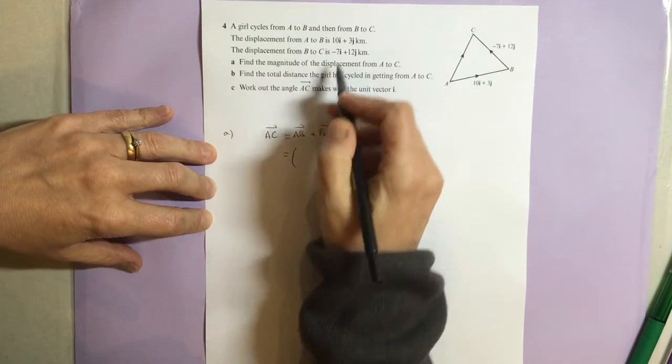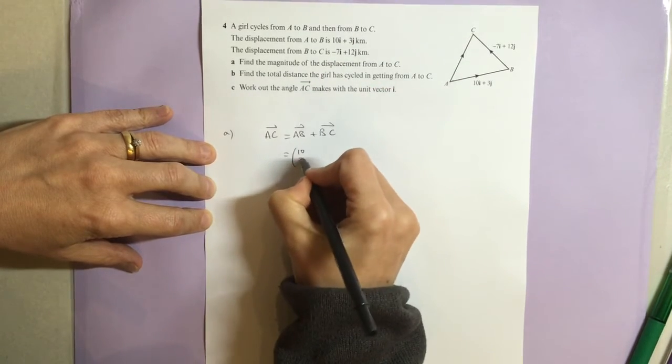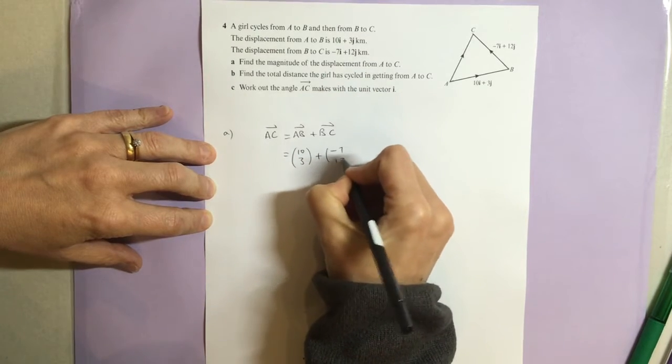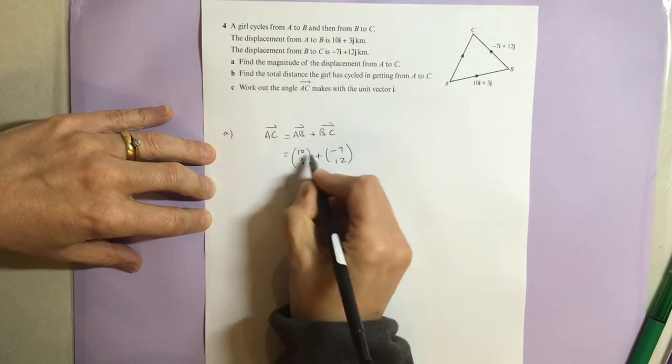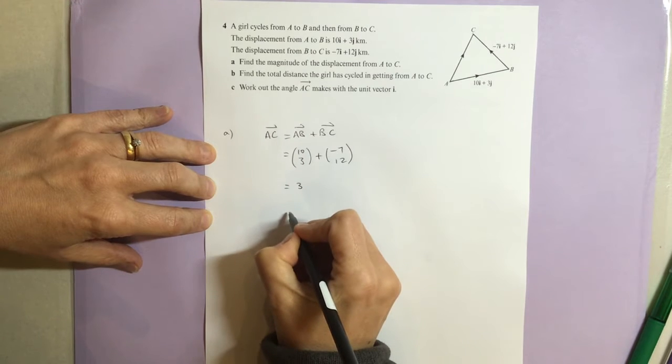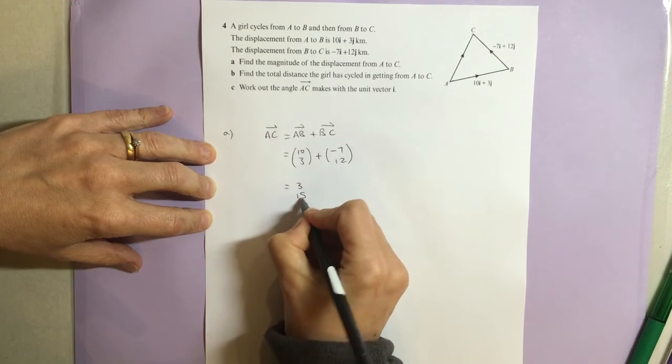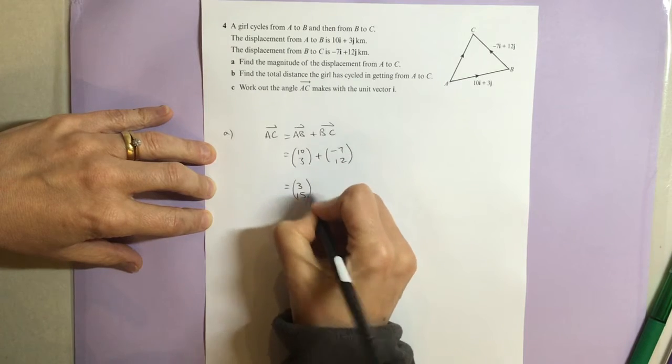So AB is this vector 10, 3. BC is this vector -7, 12. So that's going to give me 3 in the x direction, 3i, and then 15 in the y direction, 15j.